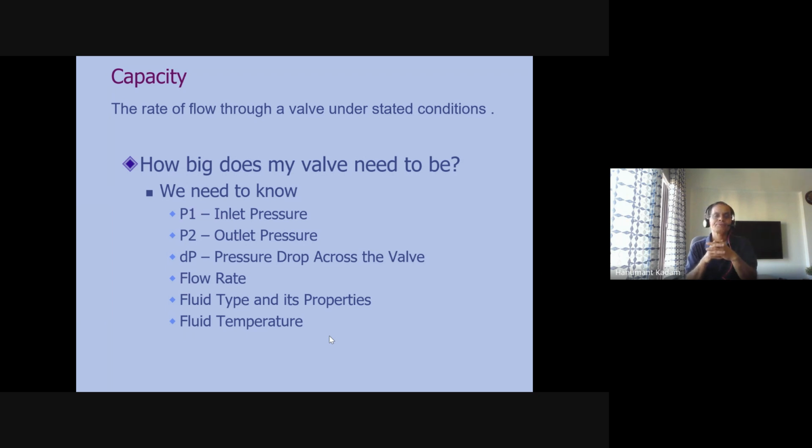Then flow rate, then fluid type and its properties. As I told, it is required for the construction material as well as the type of valve selection, plug and seat. Then fluid temperature. So how big does my valve need to be?